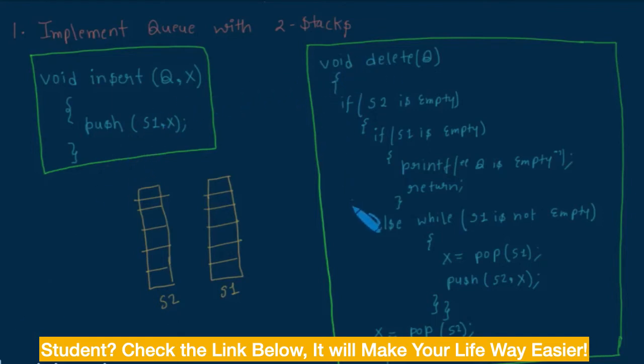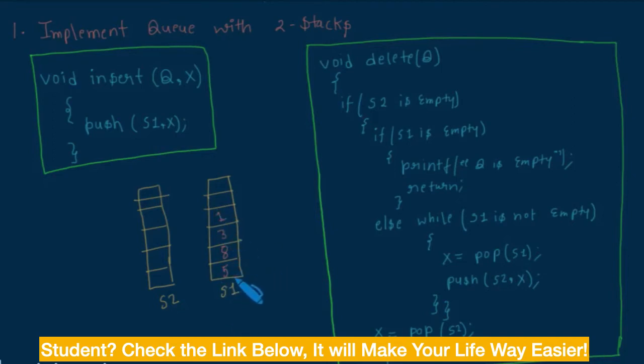Okay, and we have made some rules so that we can implement the queue. Whenever you want to insert any item in the queue, you will call simply the push operation on stack 1. So whatever you want to insert in the queue will be pushed into the first stack. Suppose we want to insert elements 5, 8, 3 and 1 into the queue.